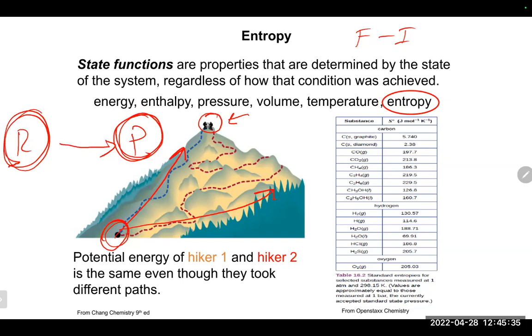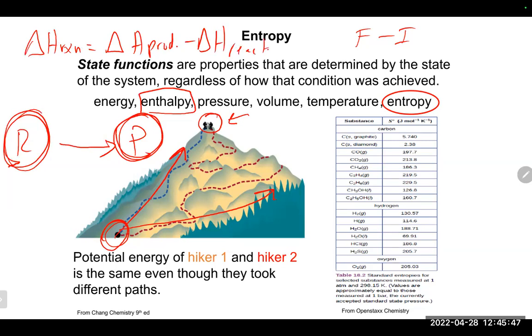That's why when you calculate something like enthalpy, which you probably learned, the delta H of the reaction is the delta H of your products minus the delta H of your reactants. That's basically your final condition minus your initial condition in terms of the chemical reaction.